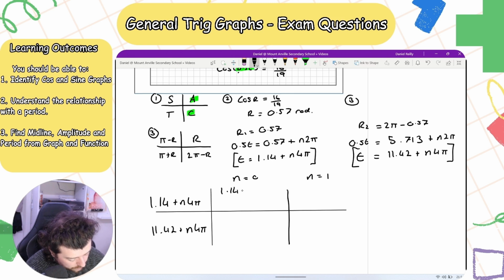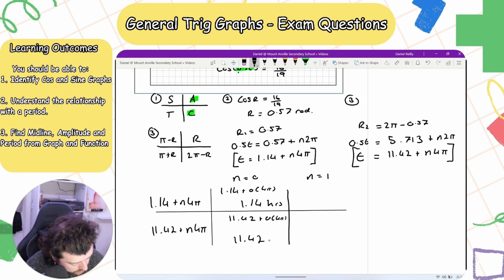So 1.14 plus 0 times 4 pi is going to be equal to 1.14 hours. Here 11.42 plus 0 times 4 pi is going to be 11.42 hours. So after high tide, it will reach 5.2 meters in depth after 1.14 hours and after 11.42 hours.